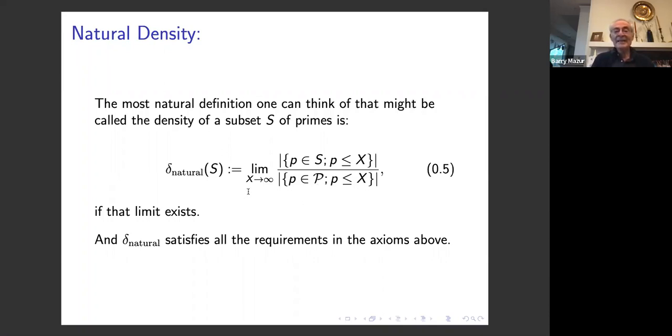And then you let x go to infinity. And if that limit exists, you define it to be the natural density of S. And this natural density satisfies all the requirements in the axioms above. Of course, there'll be some sets that will elude that limit, will not have a limit.